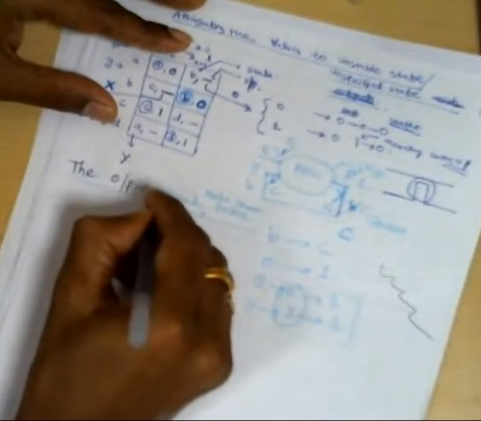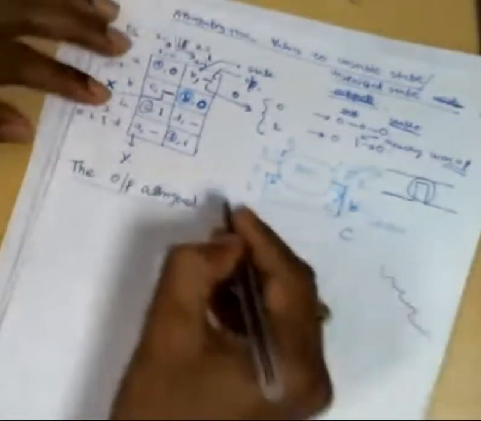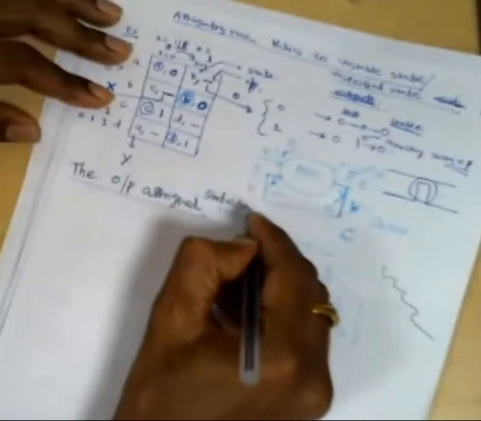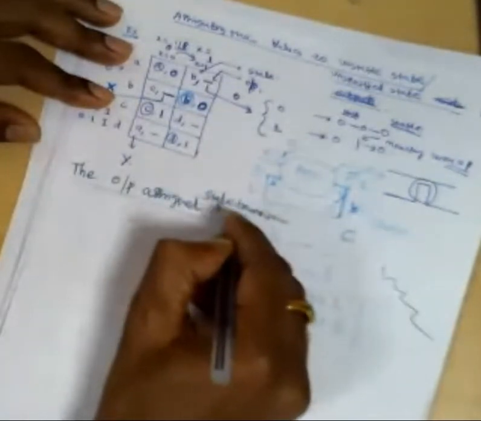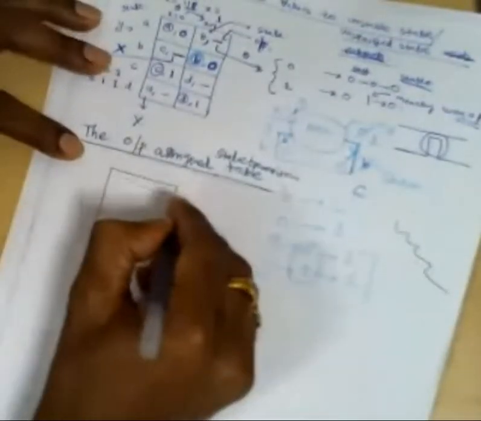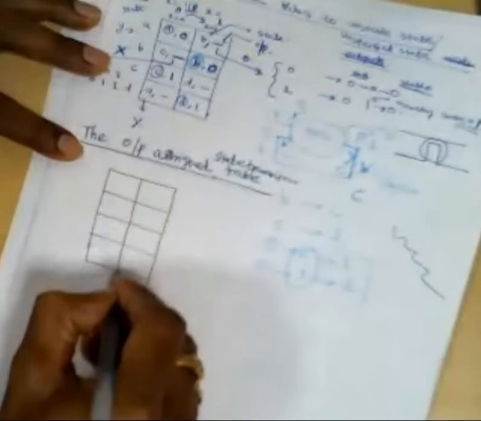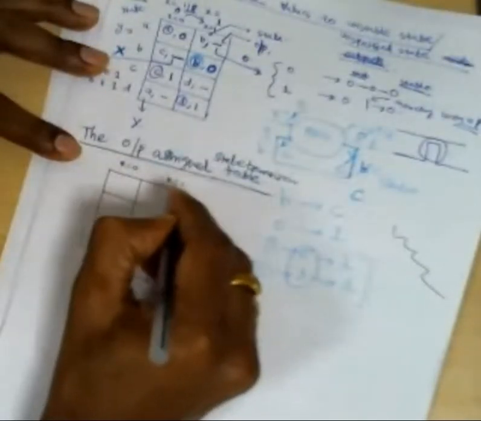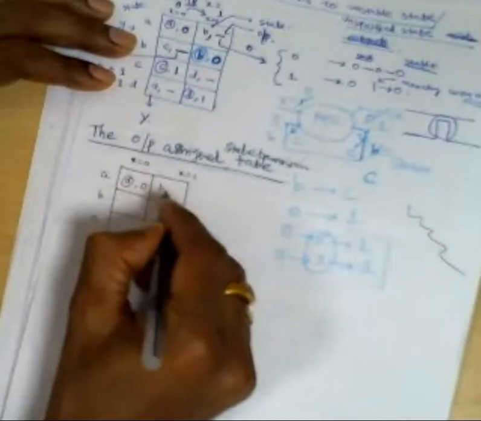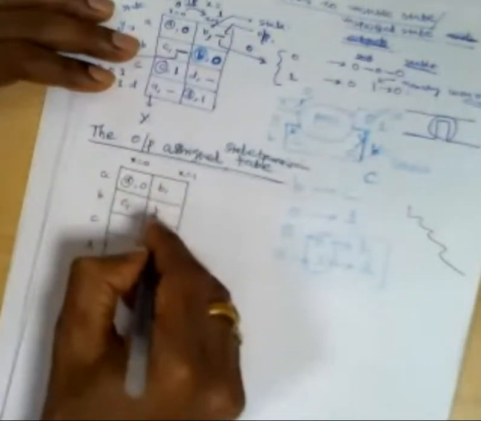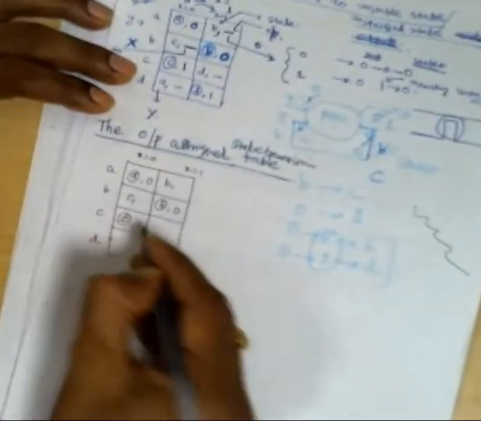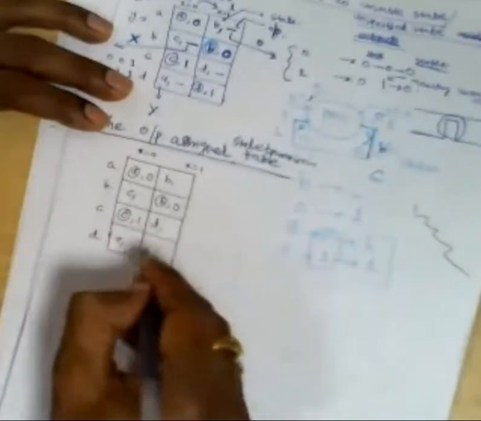The output assigned state transition table is: X equal to 0, X equal to 1, states A, B, C, D. A comma 0, B comma dash, C comma, B comma 0, C comma 1, D comma, A comma 1.